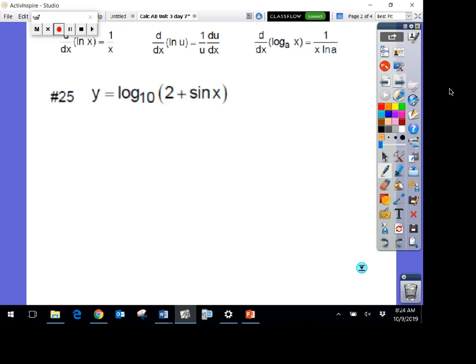All right, log base 10 of something. Okay, so log base 10 of something is 1 over that something, and then those a's match up right there. And then because that something has a derivative, everything has a derivative, we are going to chain that.